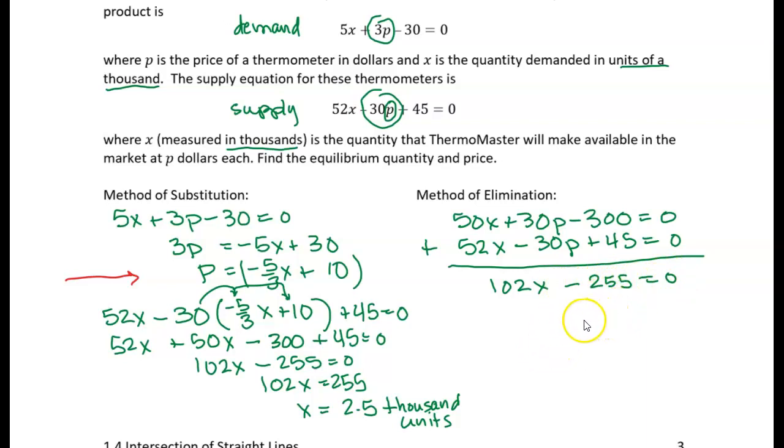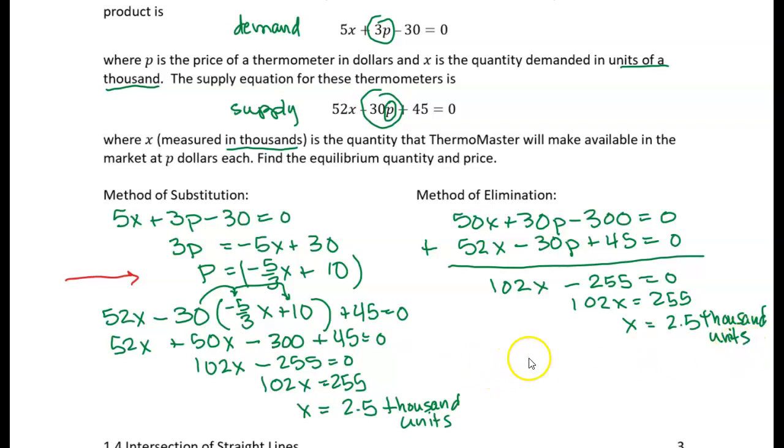Okay, now I can solve for x. So I'm going to add 255 to both sides. 102x equals 255. And then if I divide both sides by 102, I get the same thing I got before, which is 2.5 thousand units.